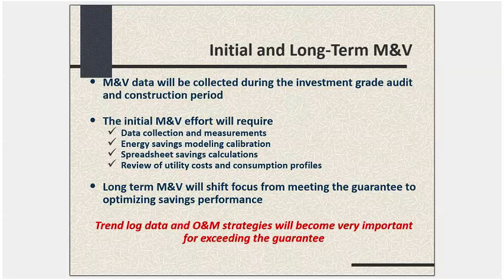Now, there's two perspectives on M&V. I'll call it a short-term and a long-term perspective. And the most important M&V data in some ways that's collected is during the investment grade audit period and during the construction period, where a lot of the measurements are being taken, or some of them immediately post-construction, some during construction.